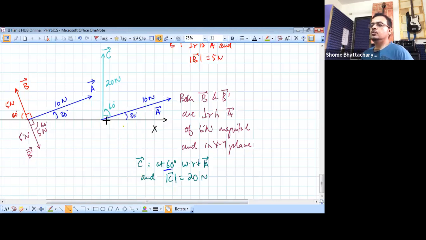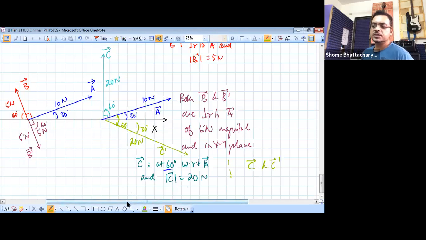That vector will look more like this. This angle should be 60 degrees, which means that this angle is only 30. So this could also be that vector. So both C and C prime have this property.